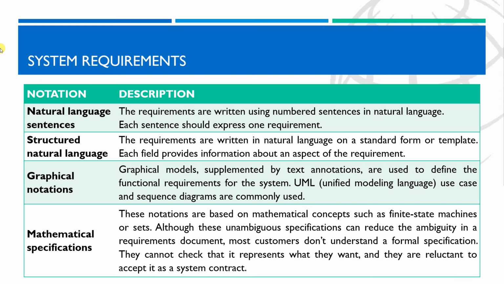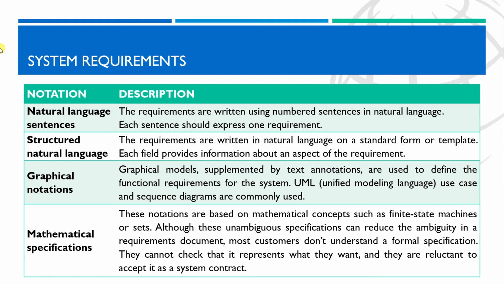For the natural language sentence, the requirements are written using numbered sentences in natural language. Each sentence should express one requirement. For the structured natural language, the requirements are written in natural language on a standard form or template. Each field provides information about an aspect of the requirement.